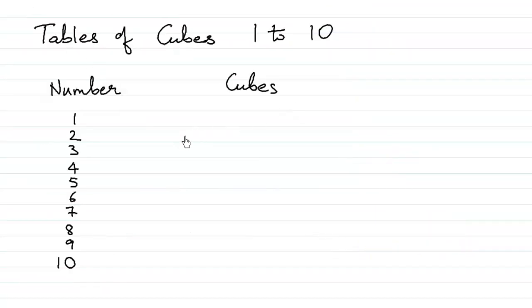It is always handy to know the cubes of the first 10 natural numbers. So what is the cube of 1? When I say the cube of 1, which means 1 multiplied by 1 multiplied by 1, the answer is 1. What is the cube of 2? The cube of 2 is 8: 2 2s are 4, 4 2s are 8. What is the cube of 3?